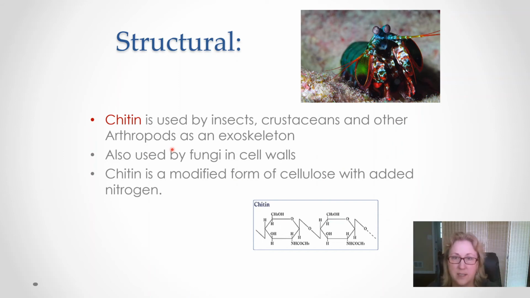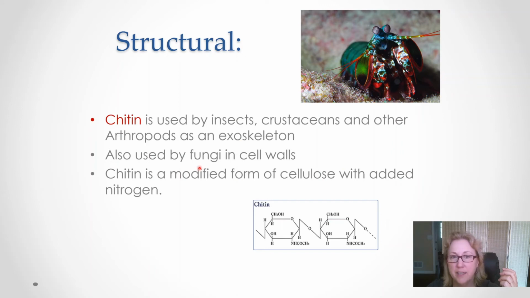Crustaceans would be things like shrimp and lobster. Crabs are arthropods. All that hard shell on a crab or a shrimp or a lobster or a spider is made out of carbohydrate. It's made out of glucose, and it's a structural carbohydrate called chitin.